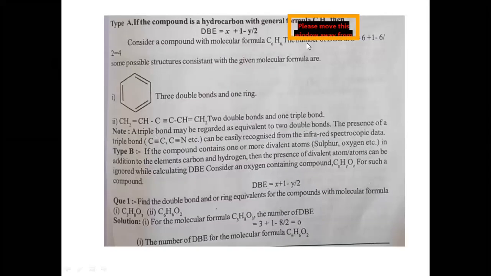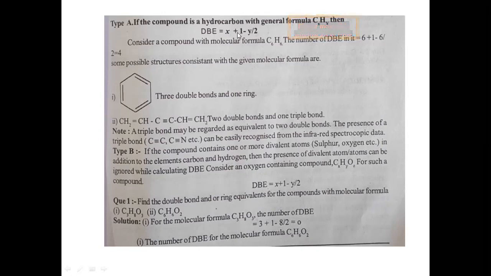Now that is calculated by the formula: double bond equivalence, or number of unsaturation, NUS, is equal to X plus 1 minus Y upon 2.